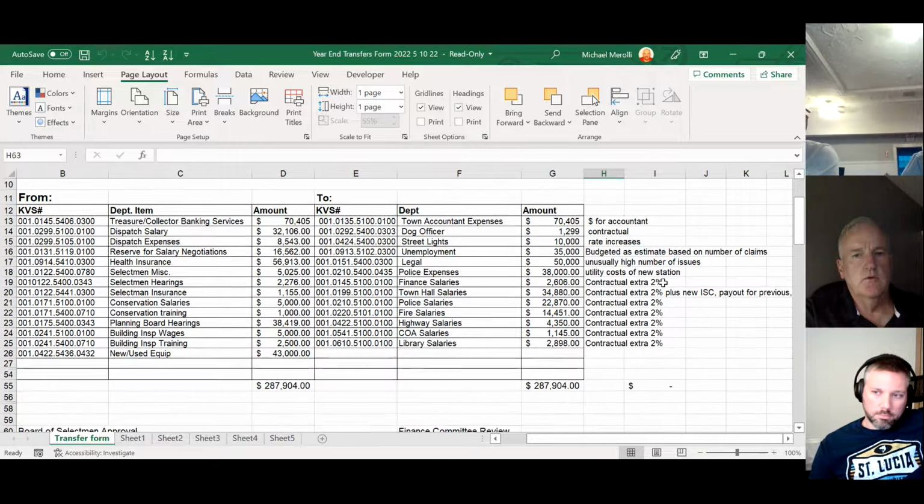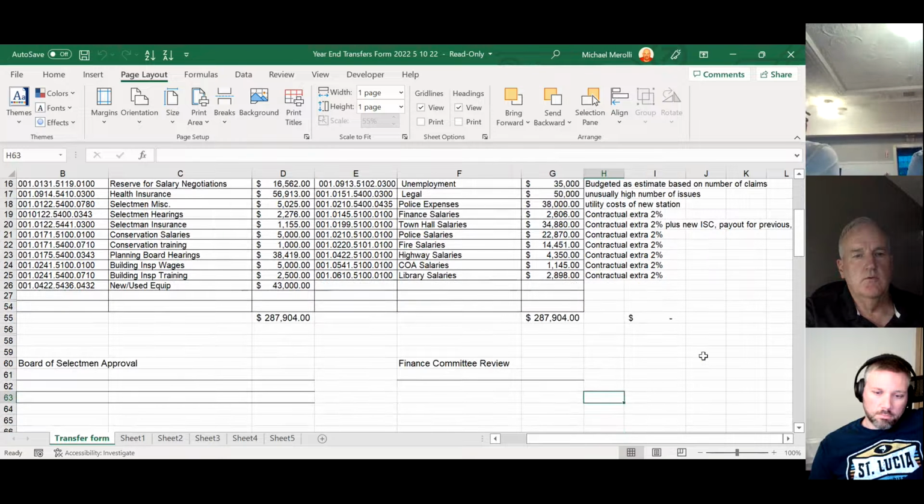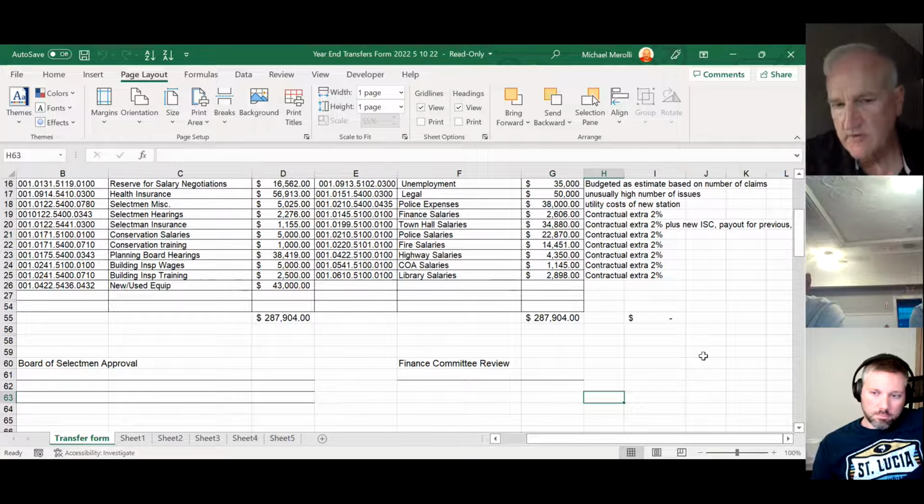But I think the best way to do the motion is just to make a motion to transfer the amount that was already approved by the select board last month, which is this 287,904. I'm glad to so move the transfer of 287,904 as described here, and as approved by the Board of Selectmen.